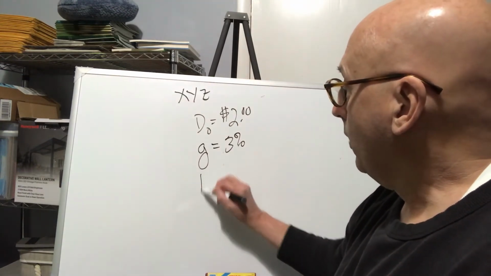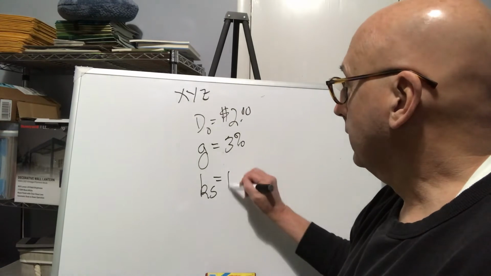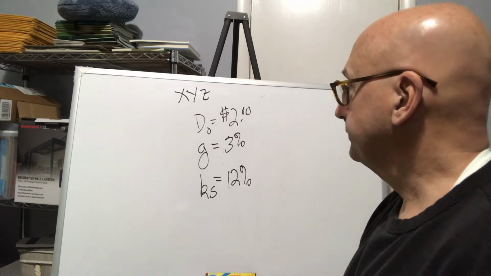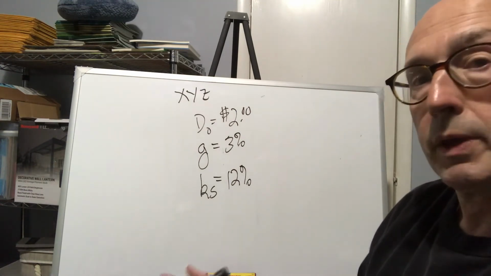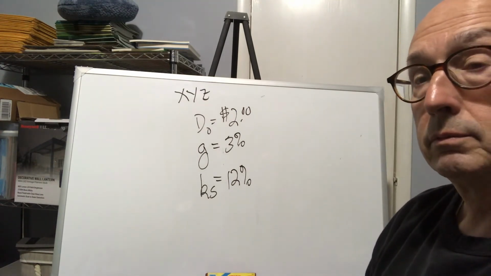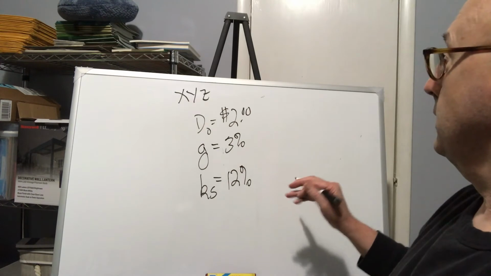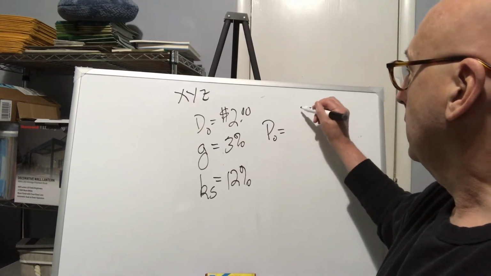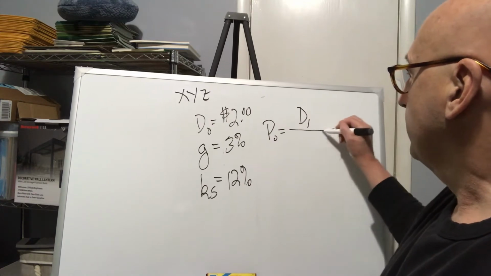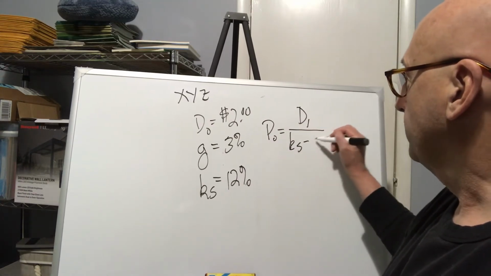And the required rate of return on that stock is 12%. Then the question could be, what should be the price today? Okay, using the dividend growth model, the price today should be D1 divided by Ks minus g.